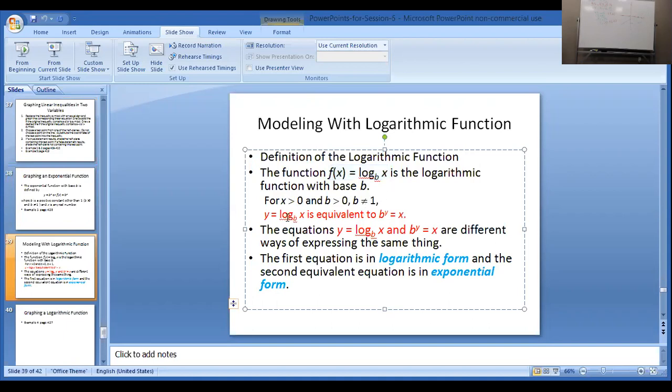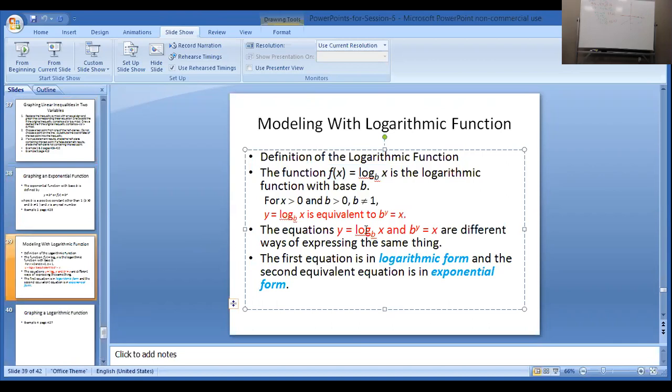In other words, y equals log base b of x is the same as b to the power of y equal to x. You just got to memorize those equations. The first one, y equals log base b of x, is the logarithmic form. The second one, b to the power of y equal to x, is the exponential form. All right? You follow me?